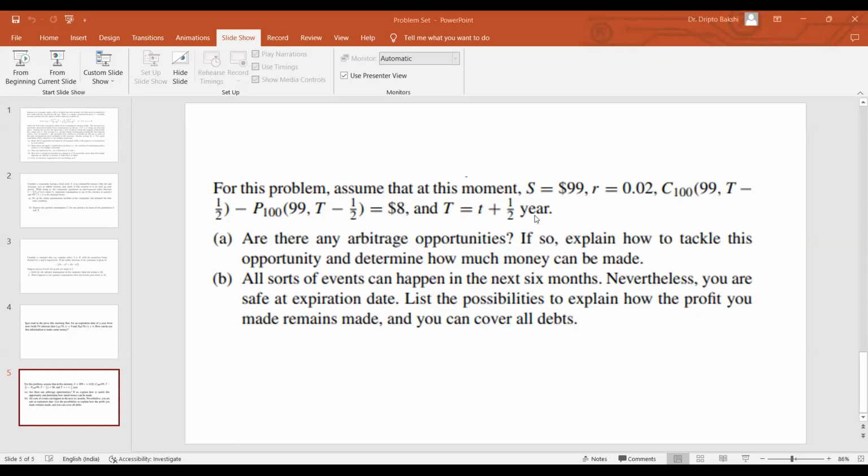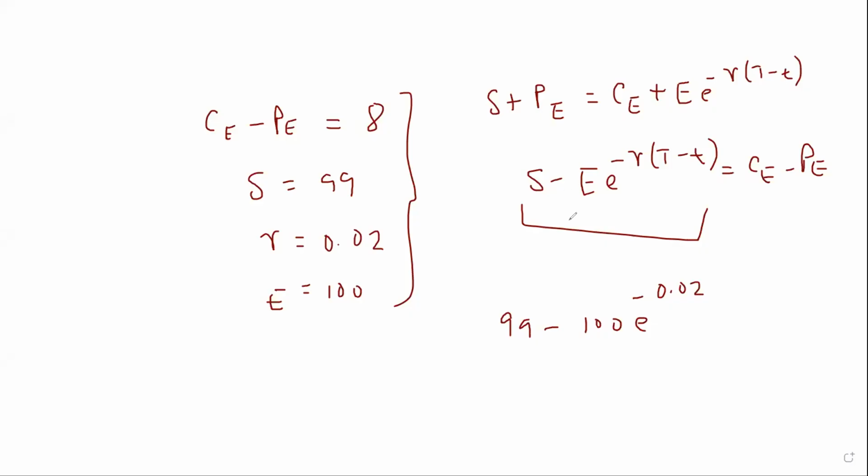The expiration date is, oh no, T is half, right? Yes, that's correct. Half a year. So what should that be? So this is simply half.